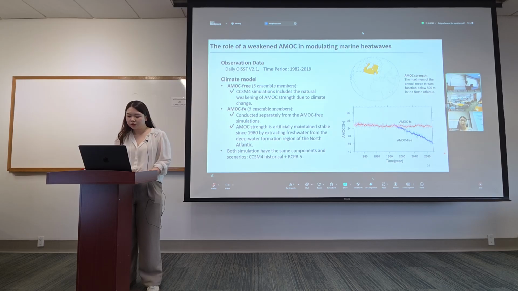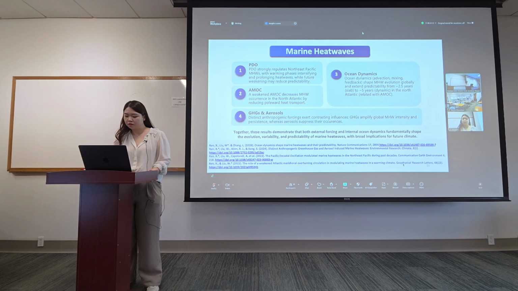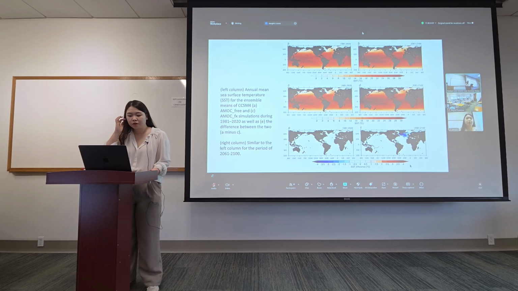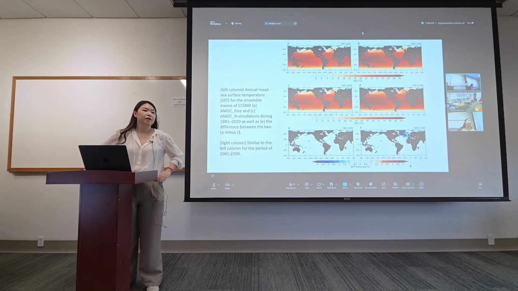Yes. I can show you this figure. This is our SST plot.